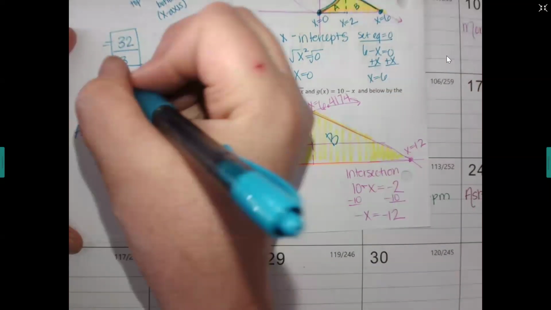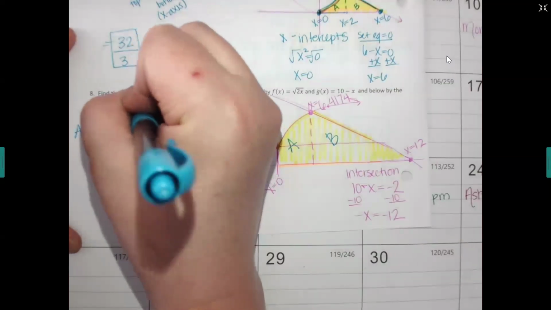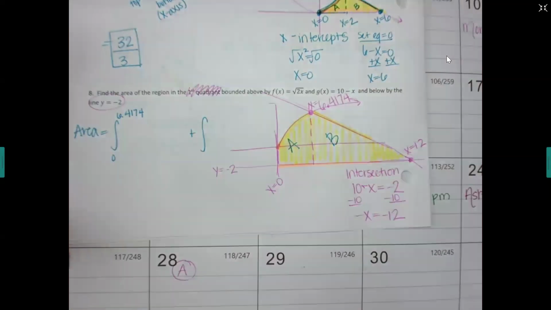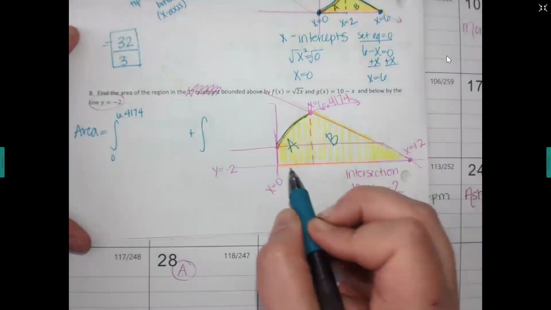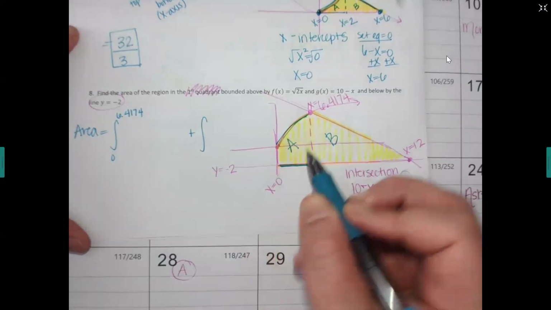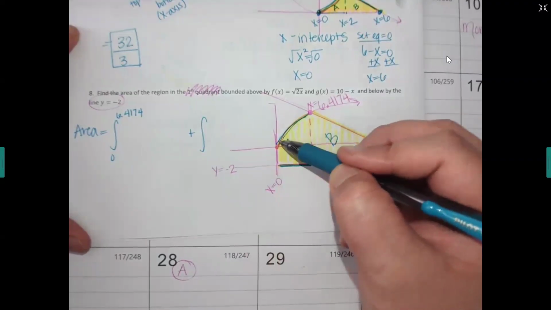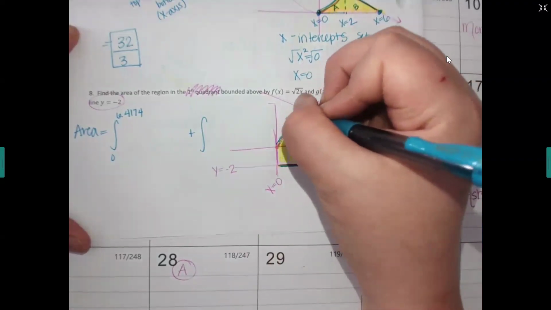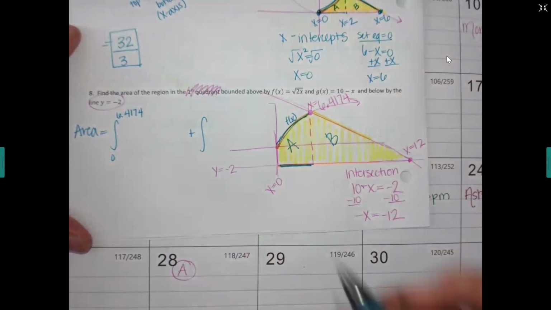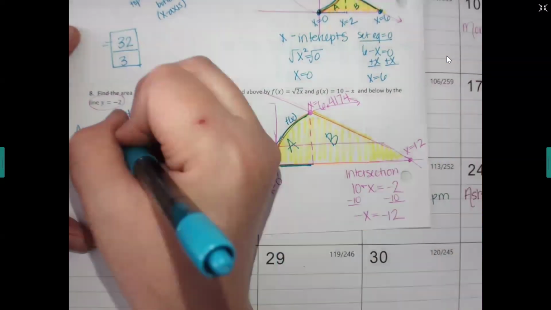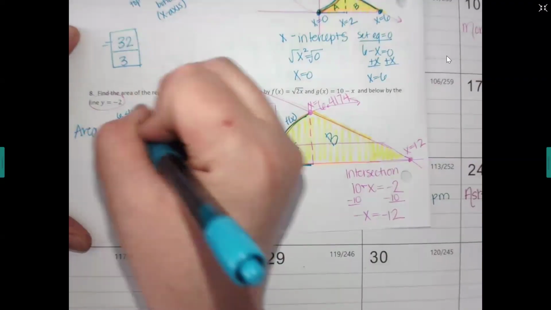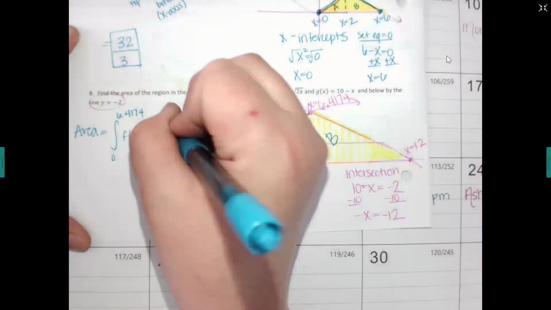Good, 0 to 6.4174. And then when I do top minus bottom, it's this top minus this bottom. So what function is this? F of x or square root 2x. And then what's this? -2. So it'd be f of x minus -2.